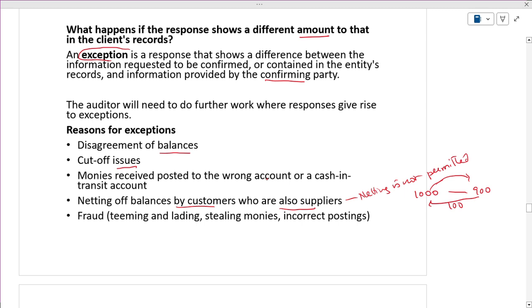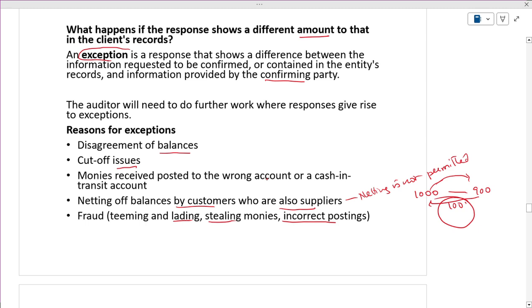People should not say that there will be sales of 1,000 and purchases of 900, so we settle and only 100 reals is transferred from one person to another. That process should not be initiated at all.